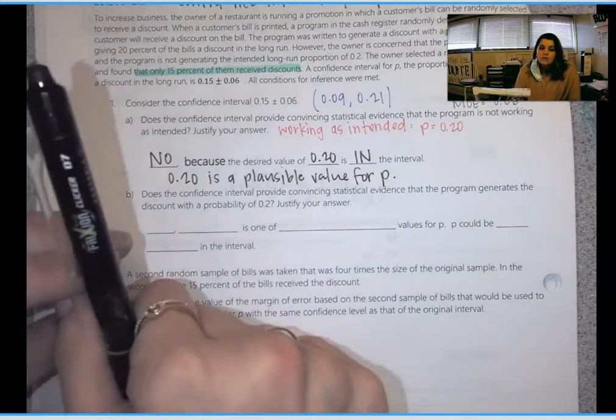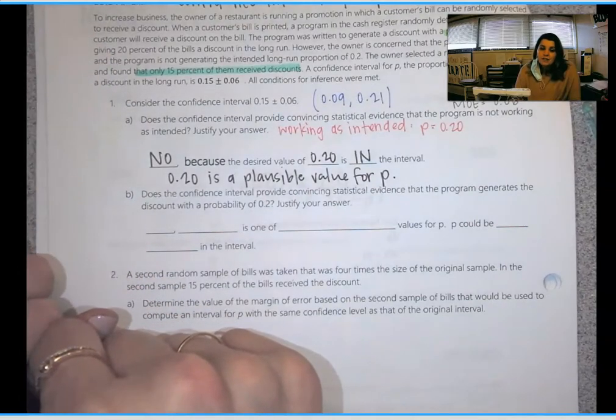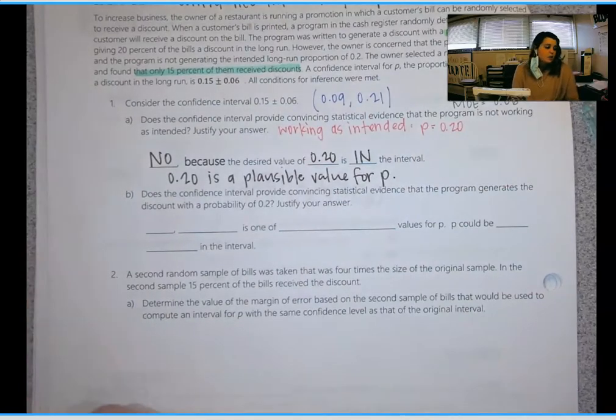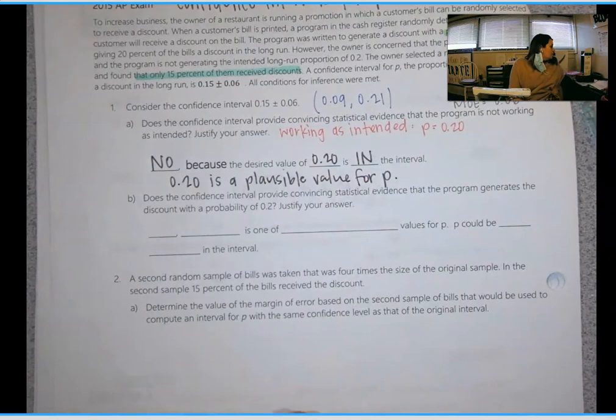Does the confidence interval provide convincing statistical evidence that the program generates the discount with a probability of 20%? Justify your answer. So we have to be really clear about what they're asking us here. So they're saying, does this give us evidence that the program is working as intended?